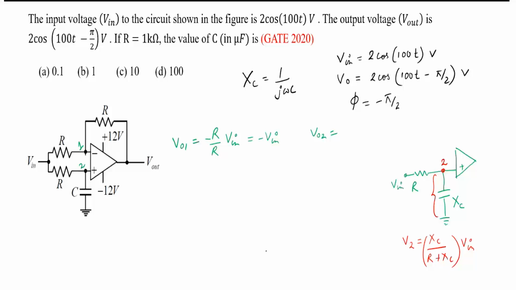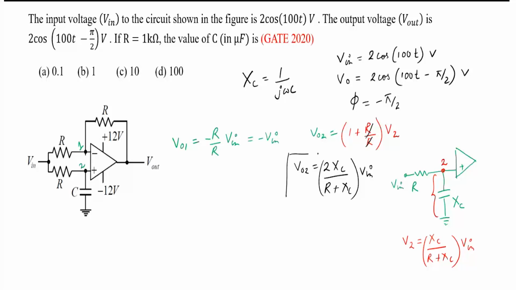Yes, sir. And the gain of the non-inverting amplifier is what? 1 plus R by R into V2. Yes or no? Yes? So V02 is equal to, R and R cancel, twice of XC divided by R plus XC into V in.